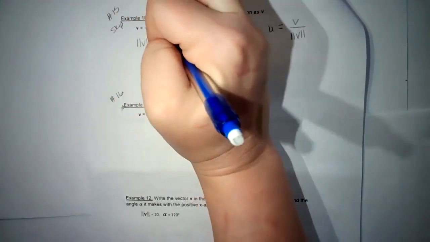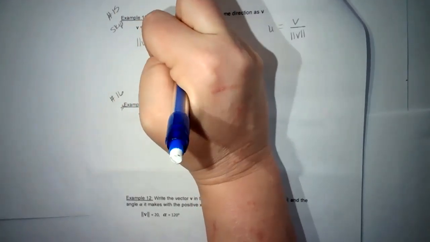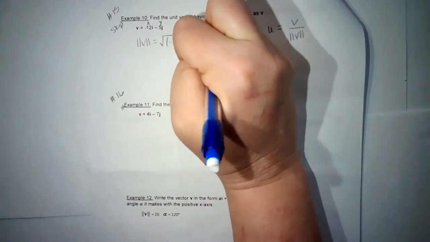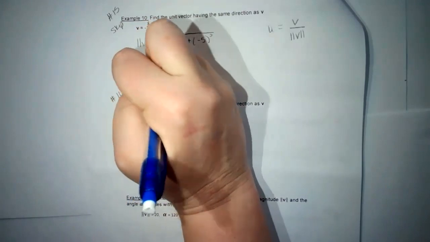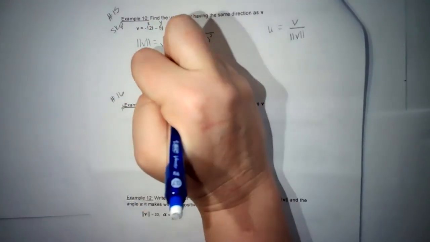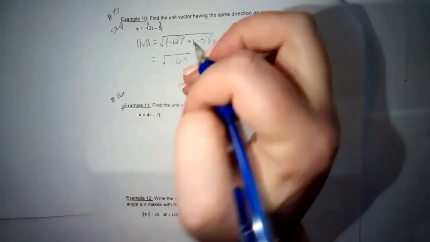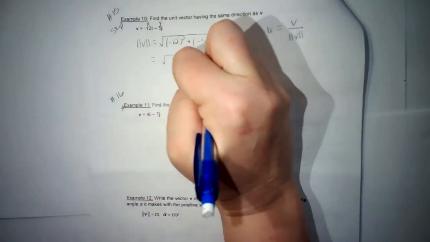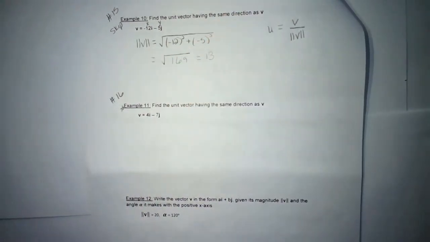Remember, it's the square root of your a or your x component squared plus your b or your y component squared. So I'm going to have 144 plus 25 is 169. I can do something with that. Anybody recognize the square root of 169? That's 13. Yeah, you knew that.